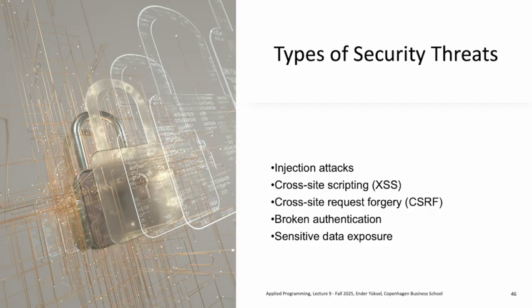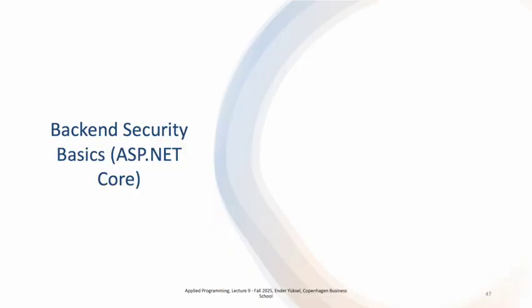This could be due to weak encryption, poor access controls, or logging sensitive data in plain text. These threats are real and they are common, but the good news is, with the right practices, you can defend against them. That's what we'll focus on next.